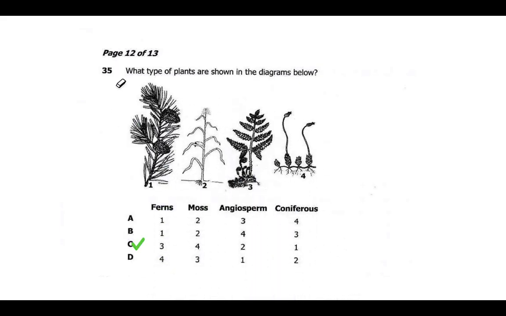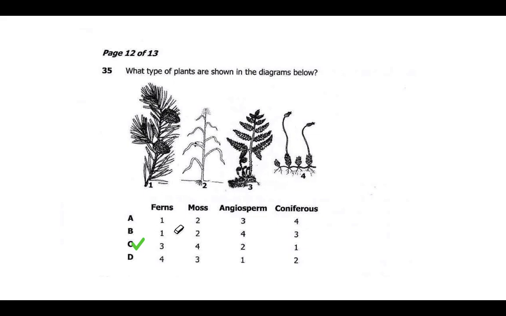On the last part, we can state what type of plants are shown in the diagram below. I'm taking this question from 2017 or 2018. If we look at this one, these are coniferous plants. Then we have maize, and if we recall, we also have ferns and mosses.